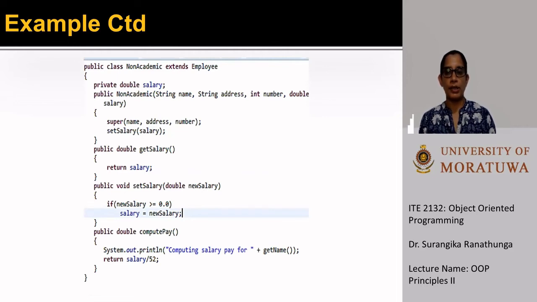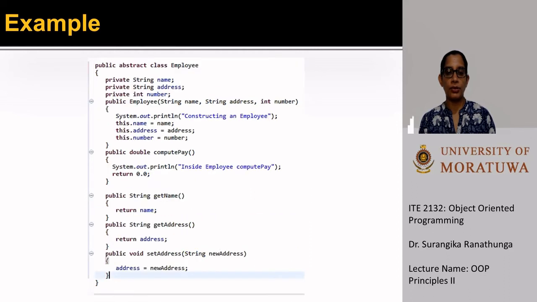Now suppose we create an object like this: Employee E equals new NonAcademicEmployee. Which method will be executed? The computePay in the non-academic class or the computePay in the employee class? This is determined through a process called dynamic binding.